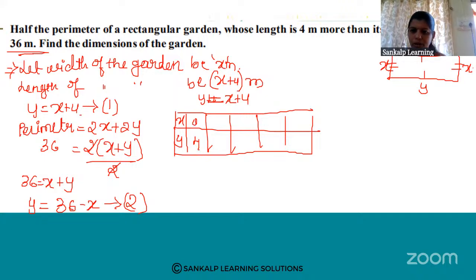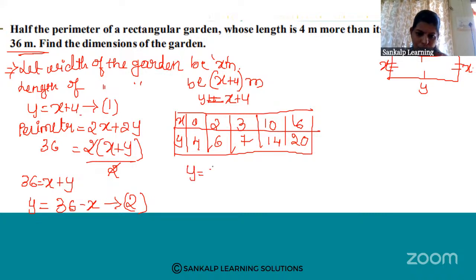If I substitute x is equal to 2, 2 plus 4 is 6. The y value is 6. If I substitute x is equal to 3, 3 plus 4 is 7. If I substitute x is equal to 10, what will I get? 10 plus 4 is 14. If I substitute x is equal to 16, 16 plus 4 is 20. Like this, make another table for the other equation also.